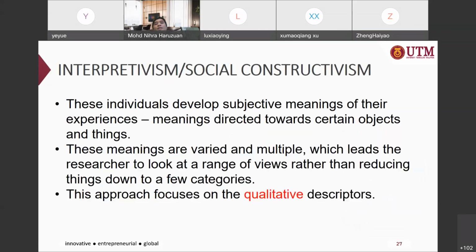Individuals develop subjective meanings of their experiences, meanings directed towards certain objects and things. These meanings are varied and multiple, which leads the researcher to look at a range of views rather than reduce them down to a few categories. This approach focuses on qualitative descriptors.